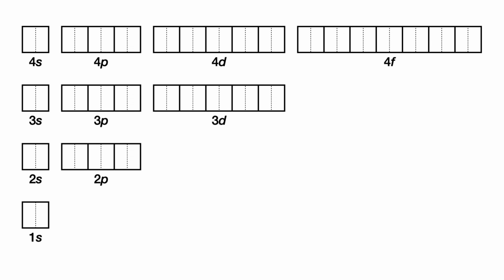Within each orbital there are 2 possibilities for an electron. So you can have an electron with its spin going up or with its spin going down, and that's traditionally represented by using a little arrow.